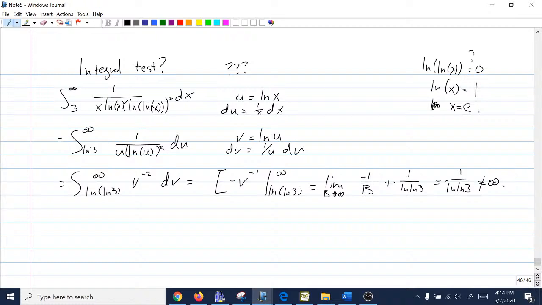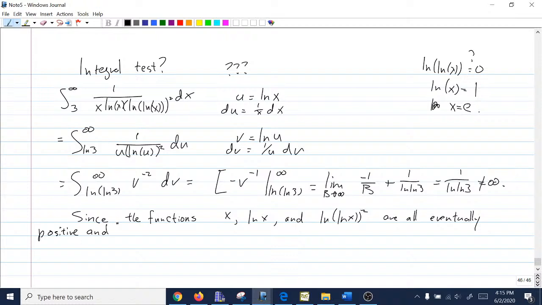How would I best show that the thing is decreasing? I could take its derivative, but that doesn't look fun at all and looks way too gross to be a good explanation. I'm allowed to get away with something else, since the functions x, log x, and log x squared are all eventually positive and increasing.